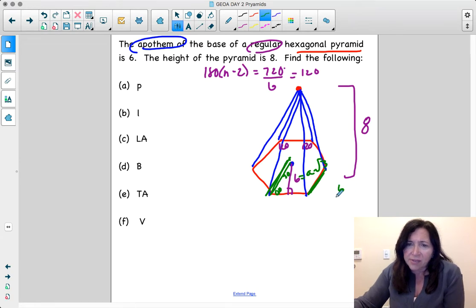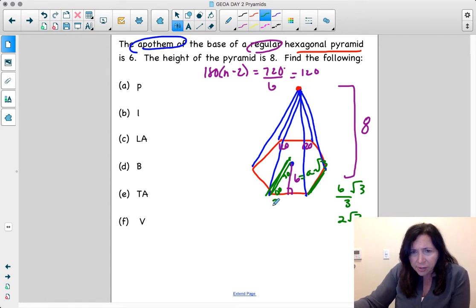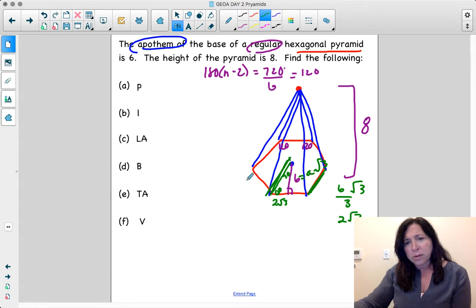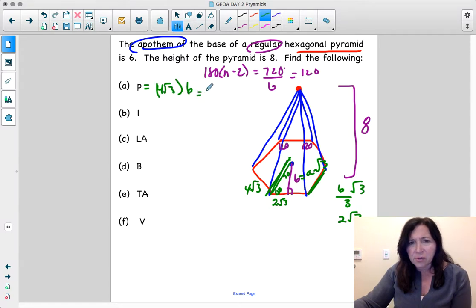So we're going to take 6, divide by 3, multiply by root 3. I get 2 root 3 across from the 30-degree angle. So the whole length of one side is 4 root 3. So my perimeter is 4 root 3 times 6, which is 24 root 3 units.